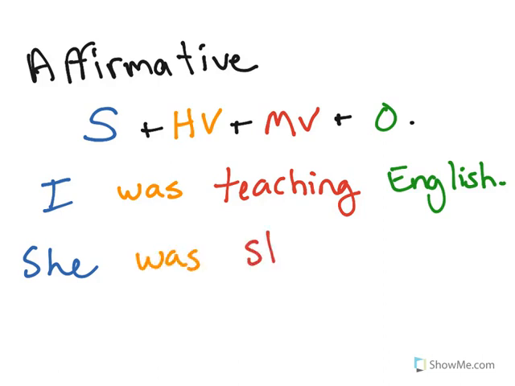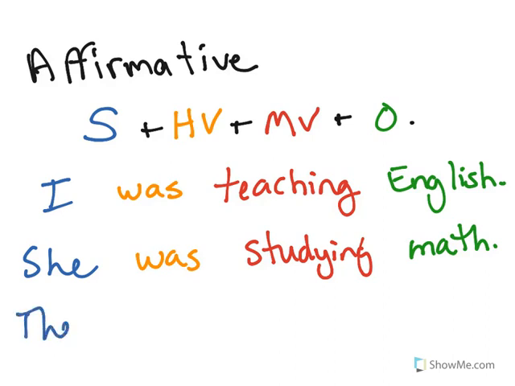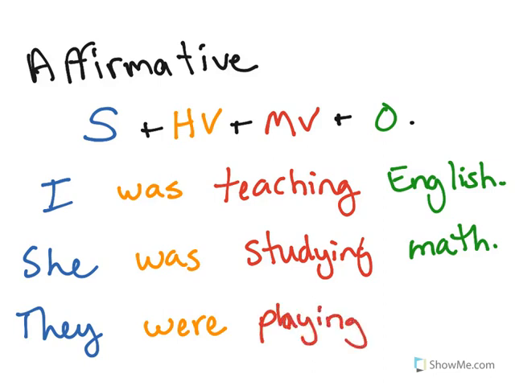She was studying math. And just for a different subject, this time if I use the subject they, I'm going to use the helping verb were. But still I use the ing form of my main verb, so they were playing soccer.